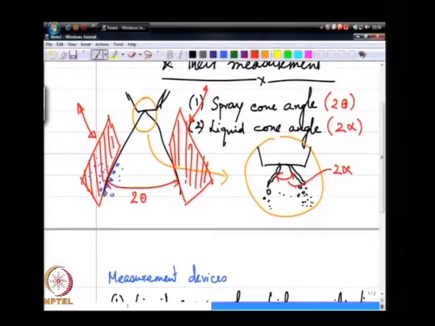Now, one person's edge is another person's periphery, is another person's mist. So, there is subjectivity in what one would call the edge of a spray.